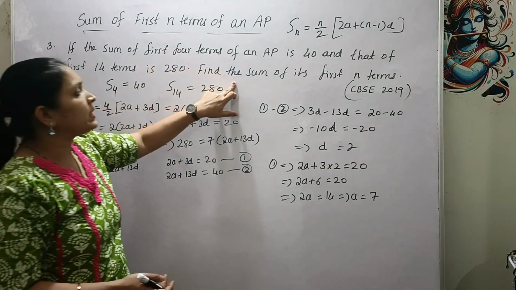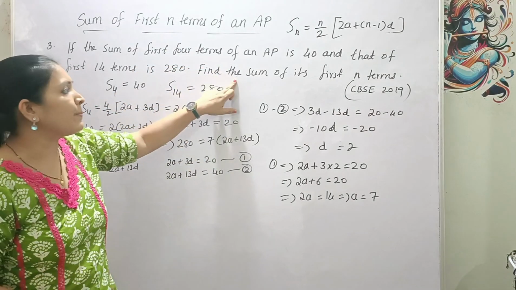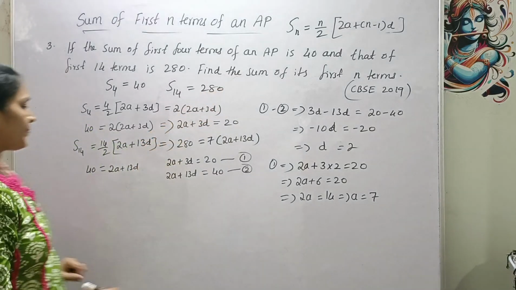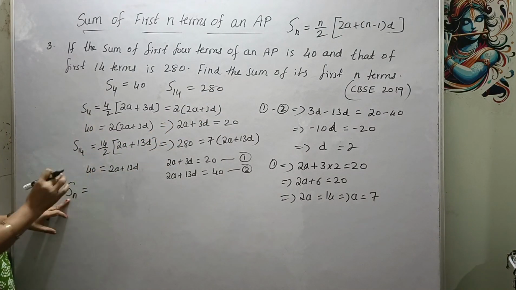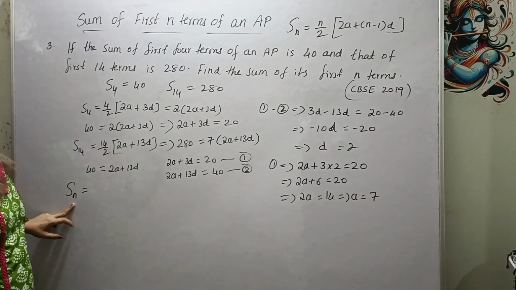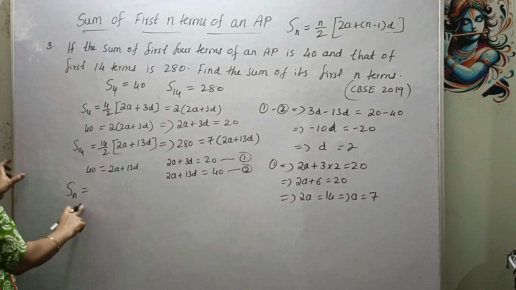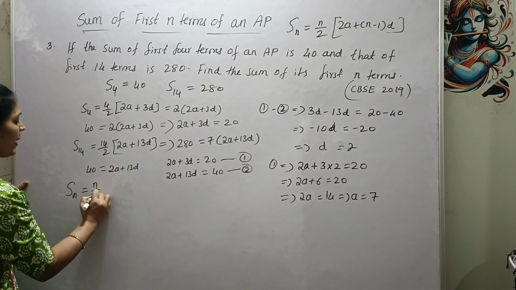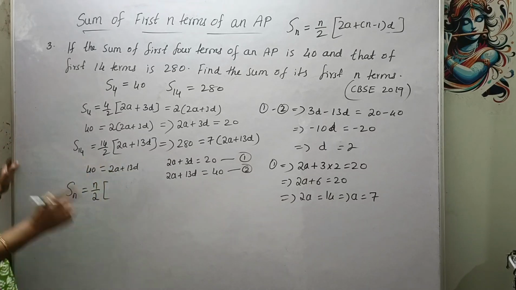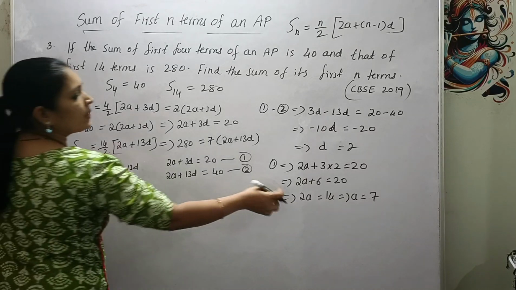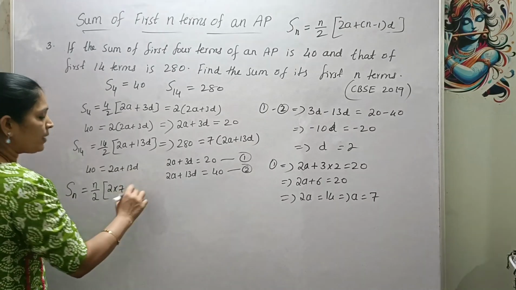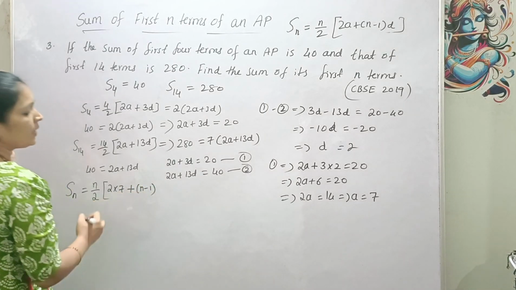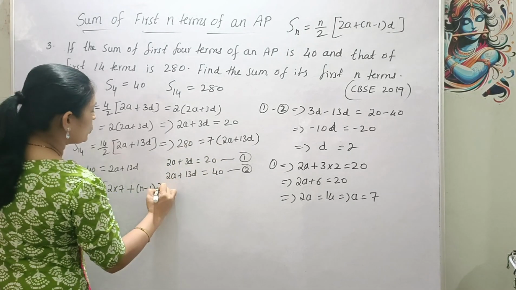Next, we can find the sum of first n terms, that is Sn. Sn is nothing but the sum of first n terms. So Sn is equal to n by 2 into (2 into a, 2 into 7, plus (n minus 1) into d). d is 2.